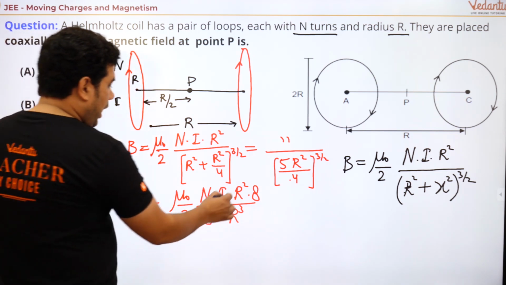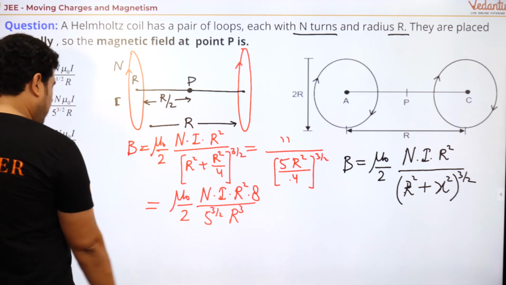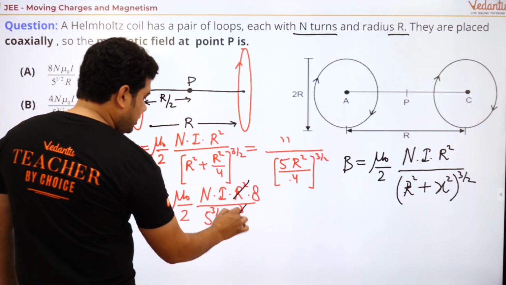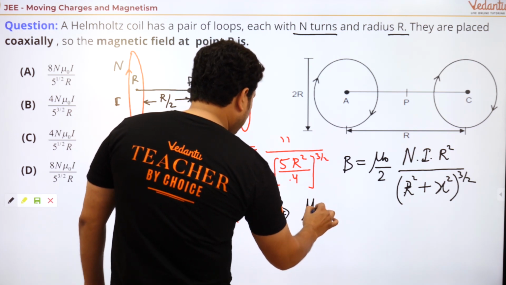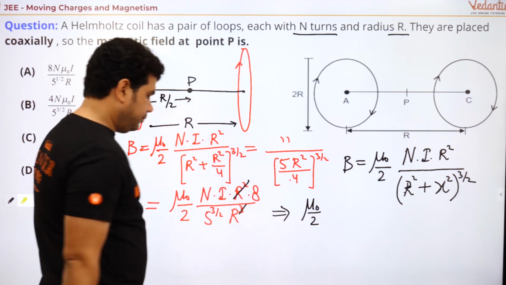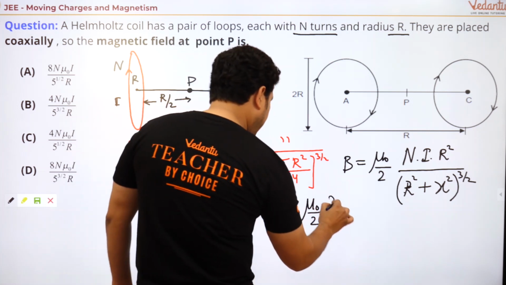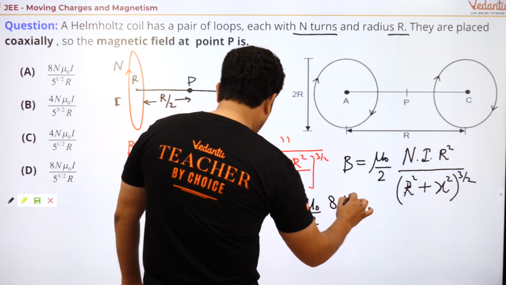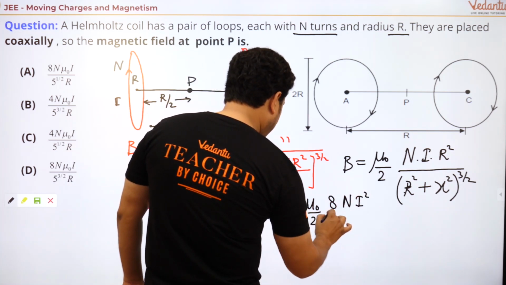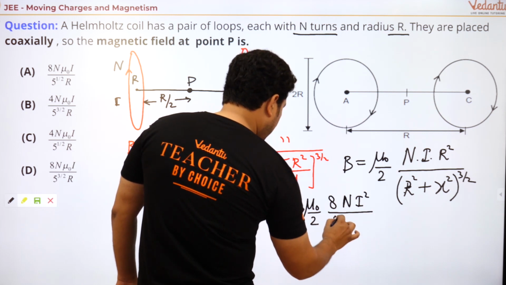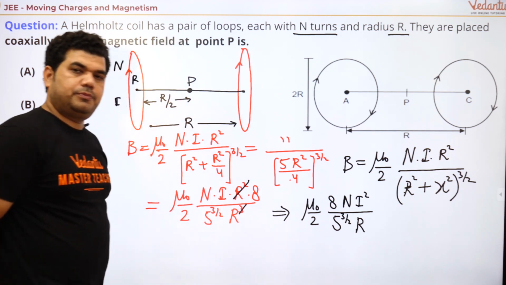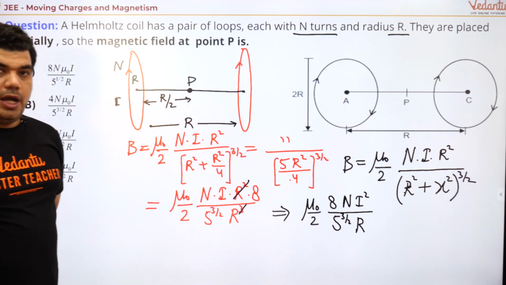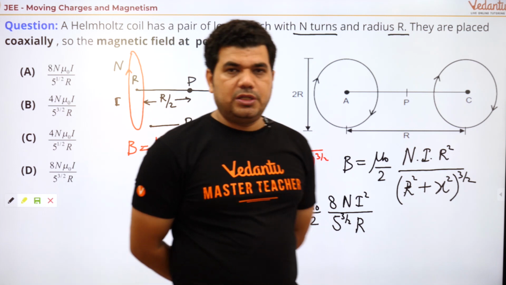So r square we can cancel by this cube. So finally what we get is mu naught upon 2, and here 8 n I r square divided by 5 to the power 3 by 2 into r, right? And now we have to see the direction.